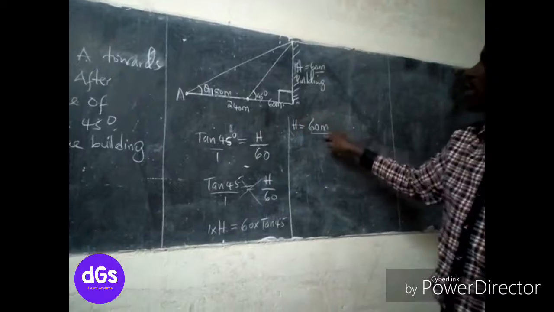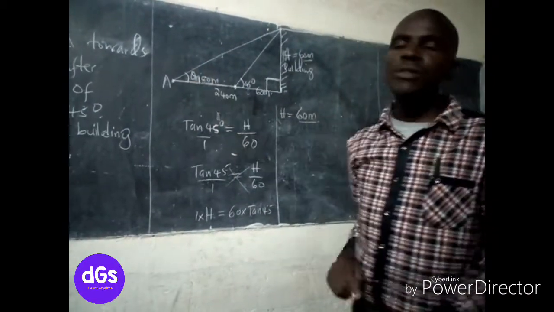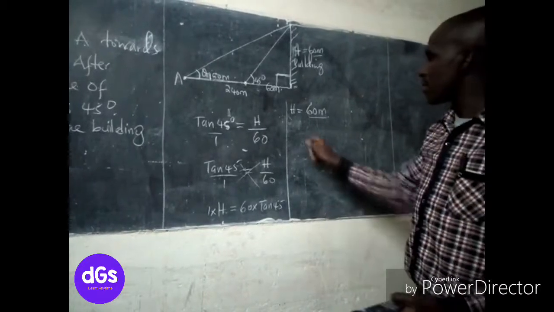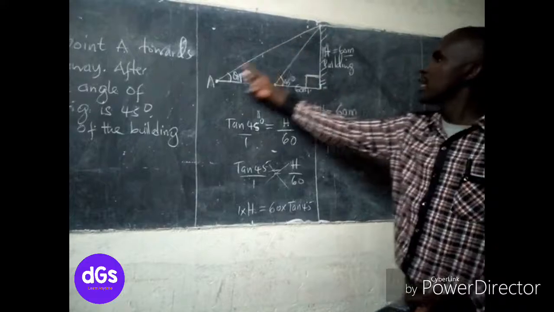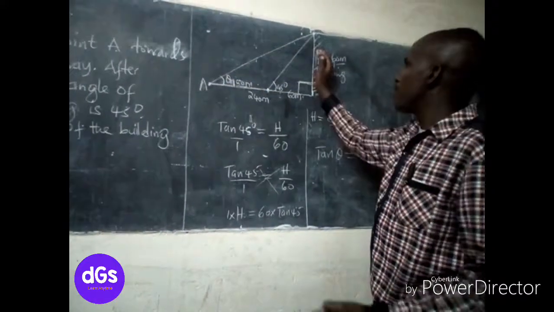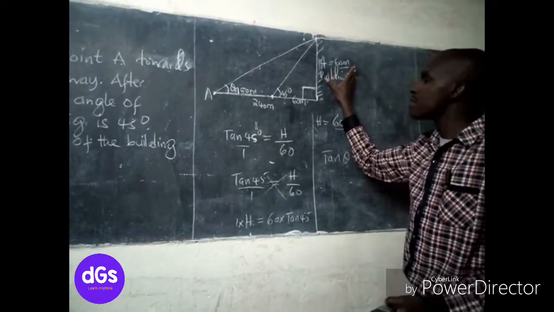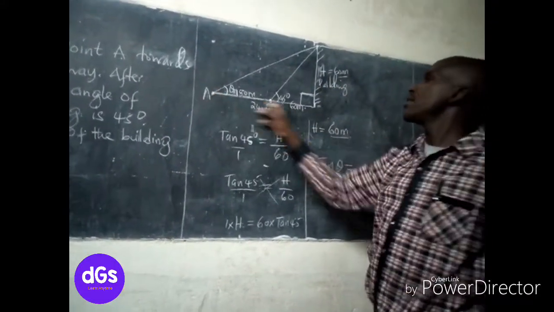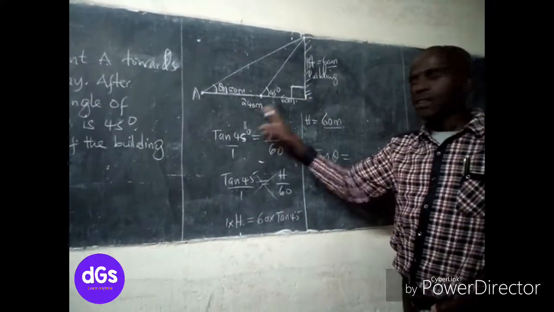Since, after getting this height, we are still interested in this angle, we can use tan again. I can say tan theta. If we now consider this larger triangle, tan theta shall be opposite over adjacent. Our opposite in this case is 60 meters, and our adjacent is the distance all the way from here to here, which is 240 meters.